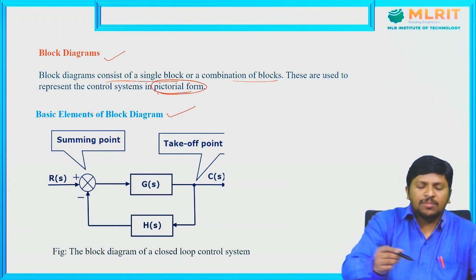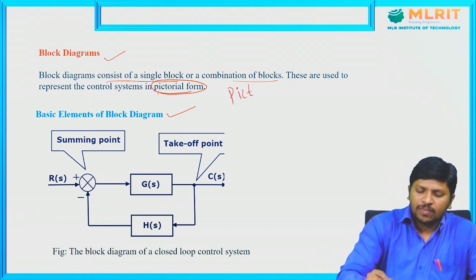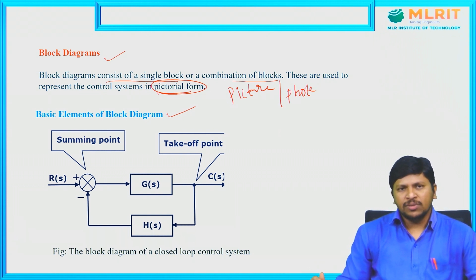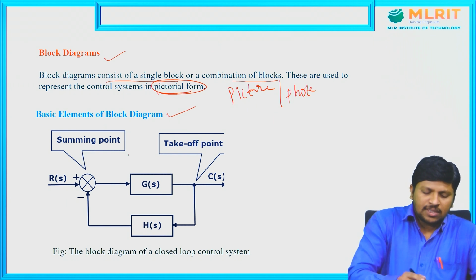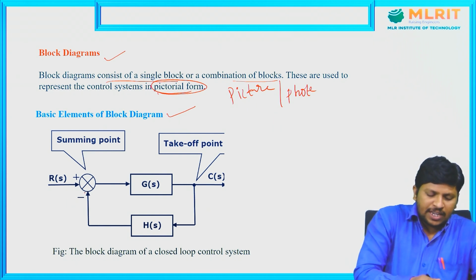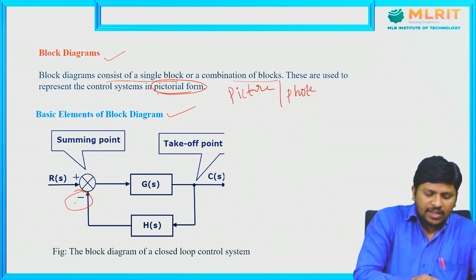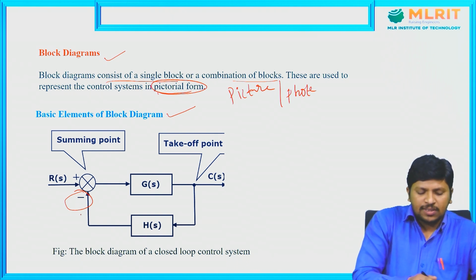This is the basic block diagram with unity negative feedback, with H of s as the feedback gain, and here the negative sign makes it negative feedback.